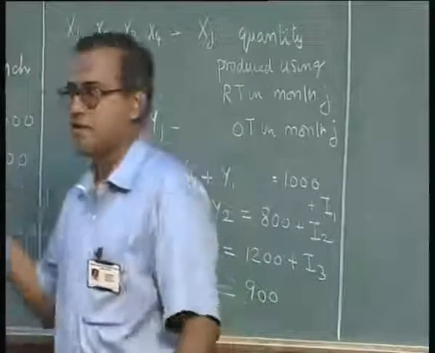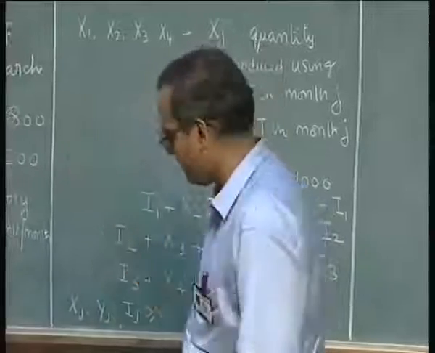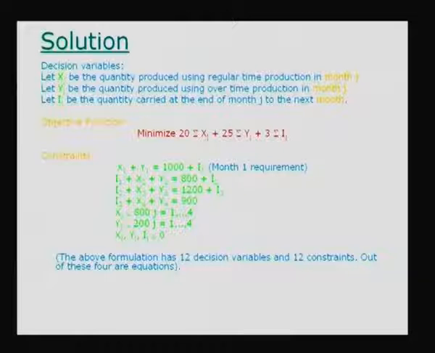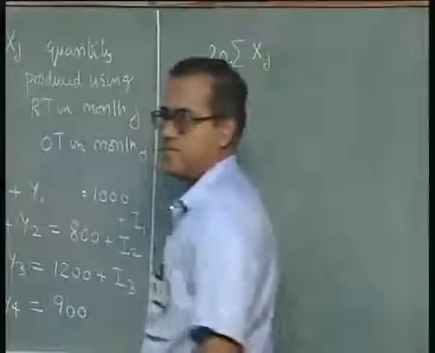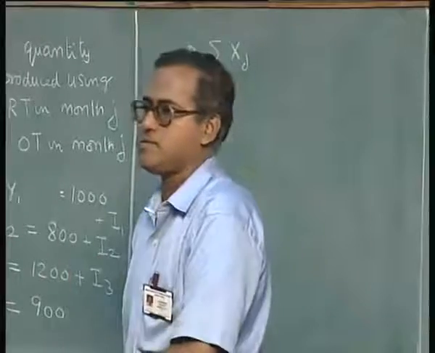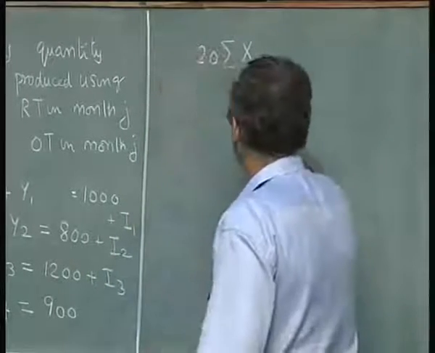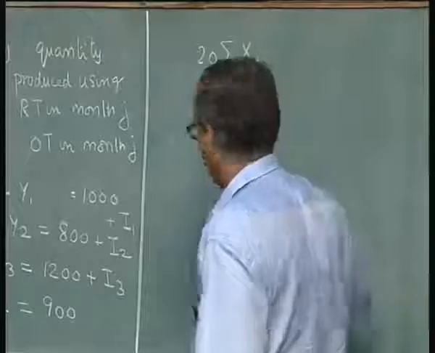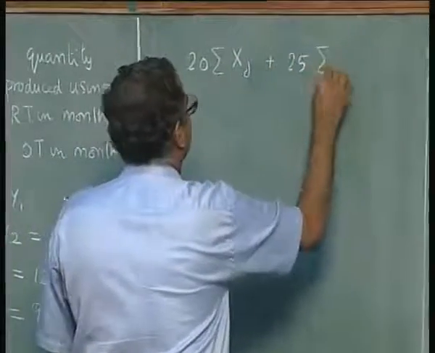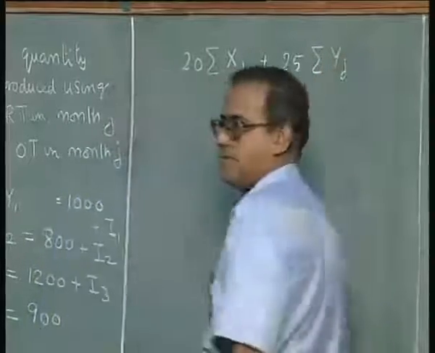We have to write the objective function, which we have not written as such. The objective function will be the cost of regular time production, which is 20. So, 20 into sigma xj, where sigma xj represents the total quantities produced in the 4 months using regular time. So, 20 into x1 plus x2 plus x3 plus x4, plus 25 into the overtime production yj.